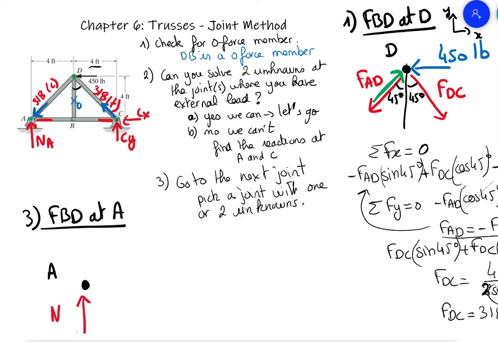We have the red unknown force NA, that is vertical. We have the force going down of 318, compression. Compression means the member pushes on the particle and the particle pushes on the member.